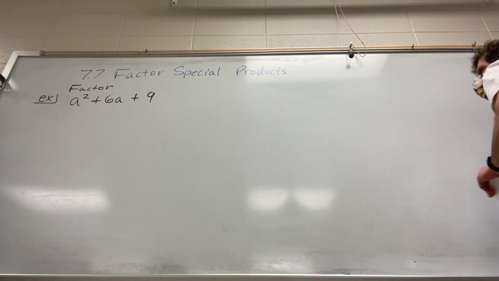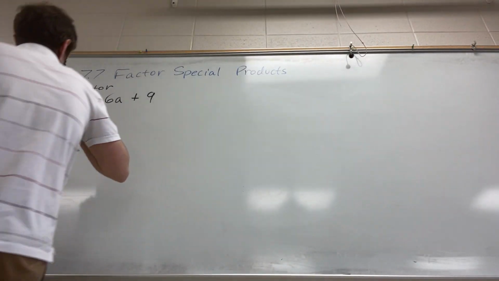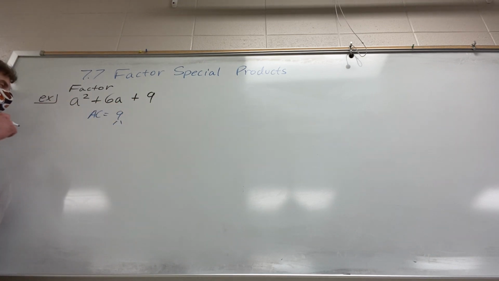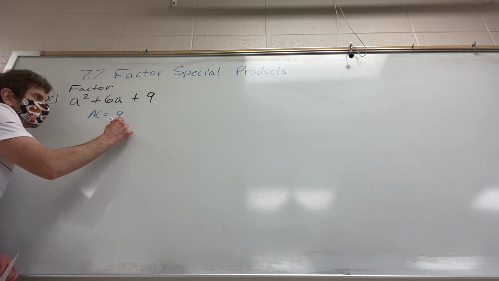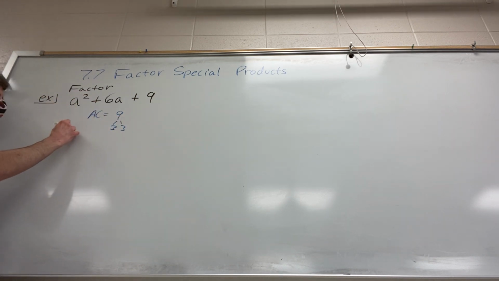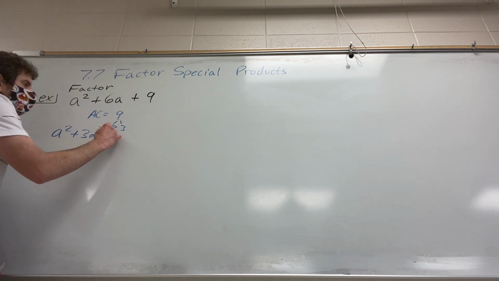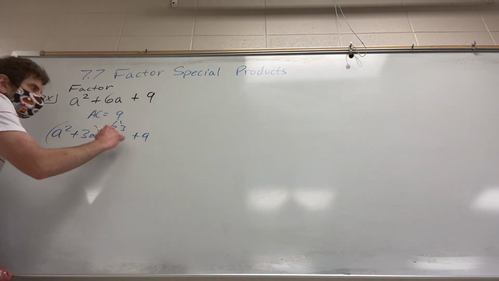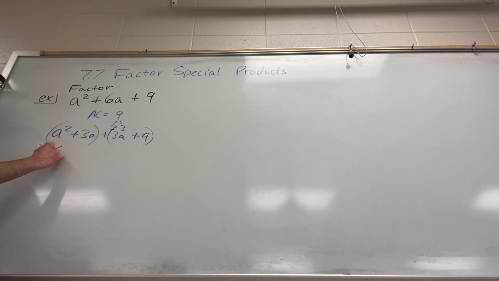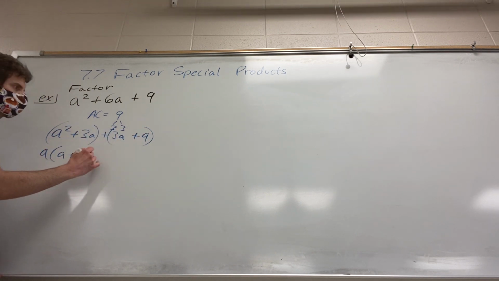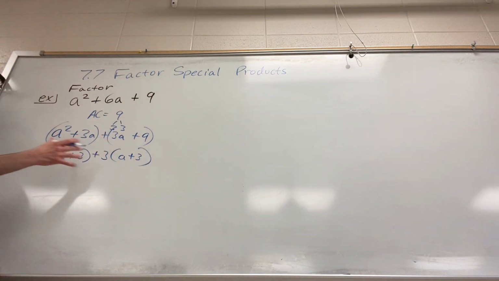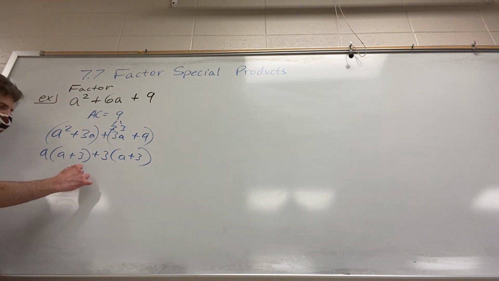What's our AC? 9. What two numbers multiply together to make 9 but add to 6? Oh yeah, 3 and 3. Split up the middle term. Factor by grouping. Factor out the common binomial.